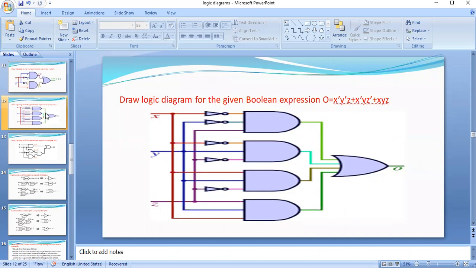See here, the output O is equal to X bar Y bar Z, plus X bar Y Z bar, plus X Y Z. We have three product terms, so we need three AND gates to draw the logic diagram. In the same way, we have an OR gate at the output, and the three product terms are the inputs to the OR gate.